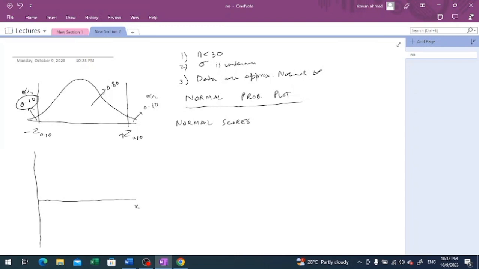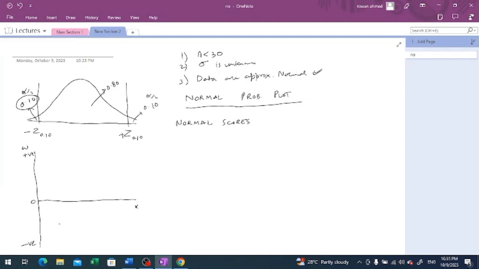On the x-axis, the horizontal axis, we take our data values, and on the vertical axis we take normal scores. Normal scores are denoted with the letter W. This axis is for positive normal scores, 0 is located here, and this region is for negative Z values or normal scores.